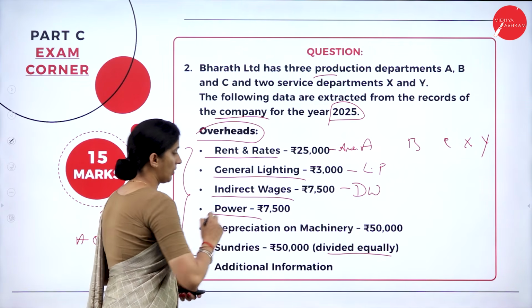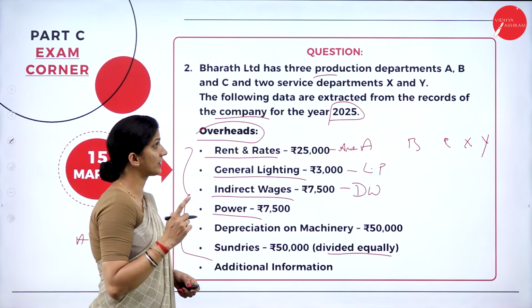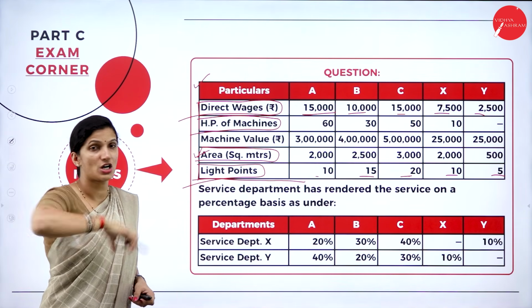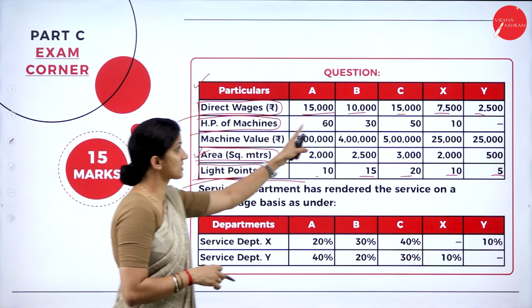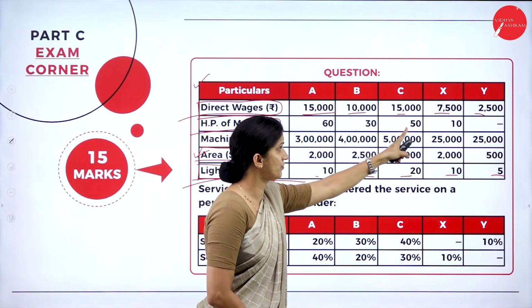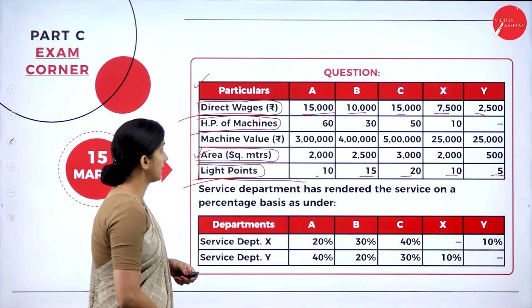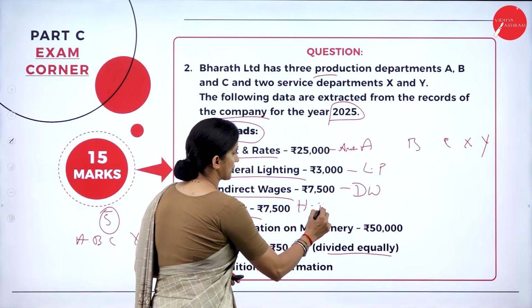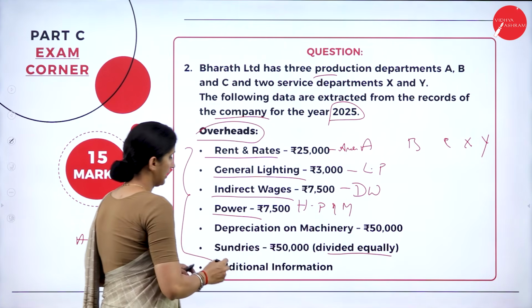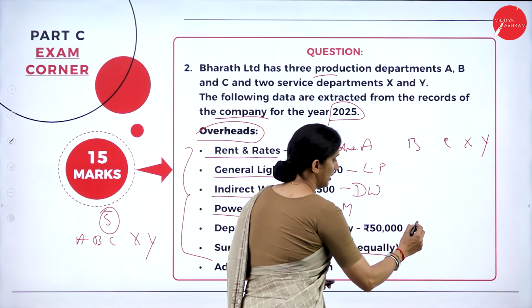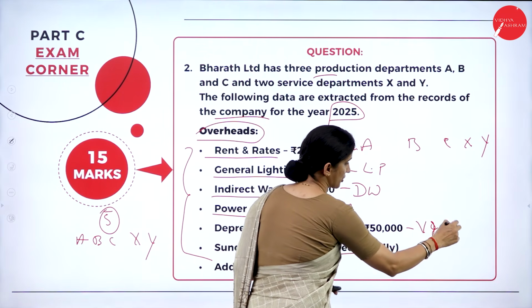Then we have power. For power, your basis is the HP of machines, that is horsepower of machine. So your simplified ratio will be 6:3:5:1, and that will be taken to allocate the power. Then depreciation on machinery. This is based on the value of machinery.